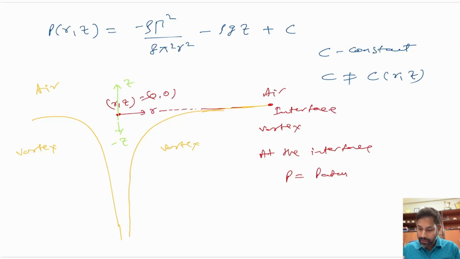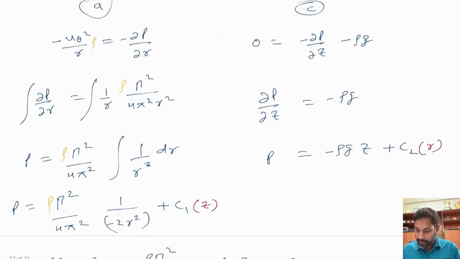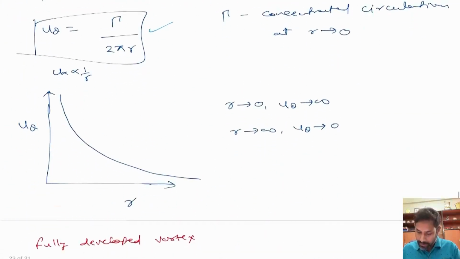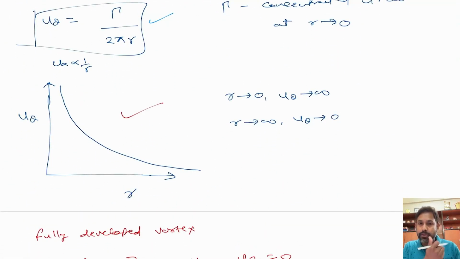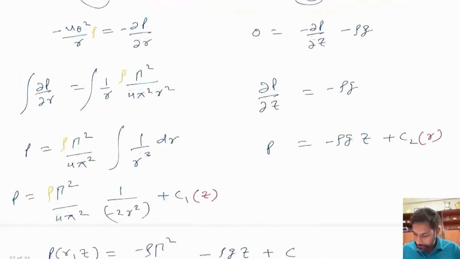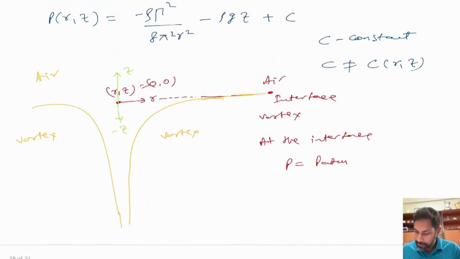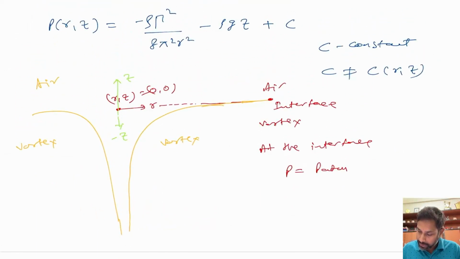Because as we saw in the previous case, like in here, how the velocity slowly decreases and it goes to infinity, and that is why pressure becomes P infinity only at r equal to infinity. So as r tends to infinity and z equal to 0, P becomes equal to P atmospheric.